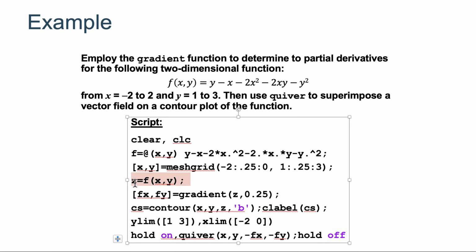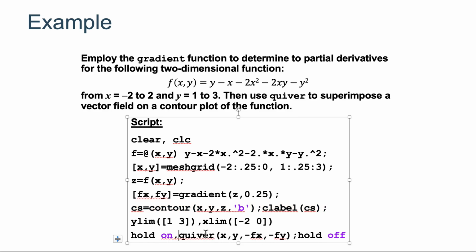So here's the code to do that. You then call the gradient of the function here. You use 0.25 as the increments in both the x and y coordinates, so you can pass h equals 0.25 here. You can plot the contour of the function, right? And that will be plotted in blue lines in this case. And you can also plot the vector field of the gradient.